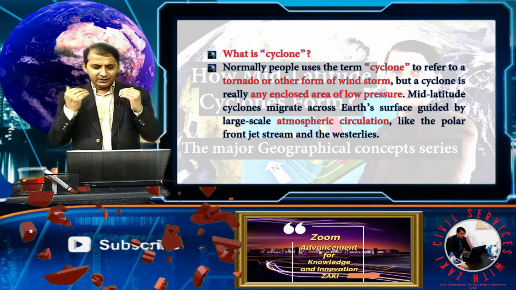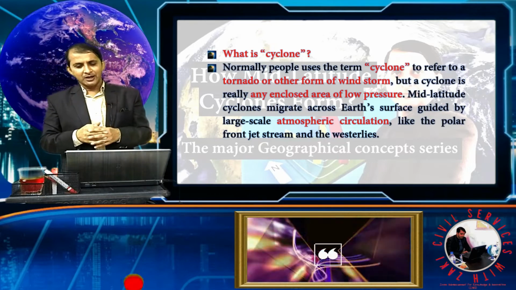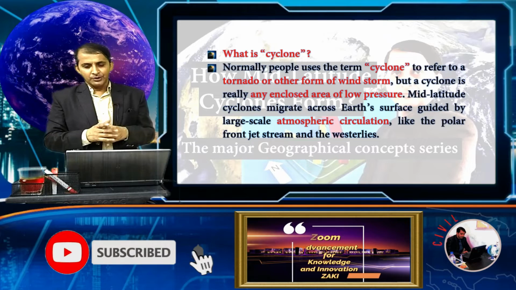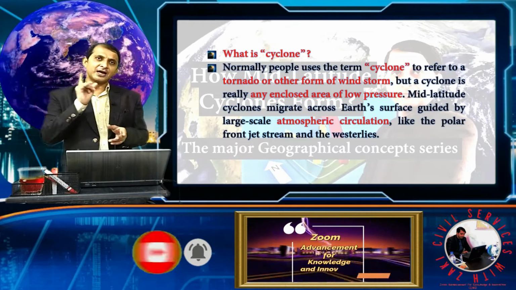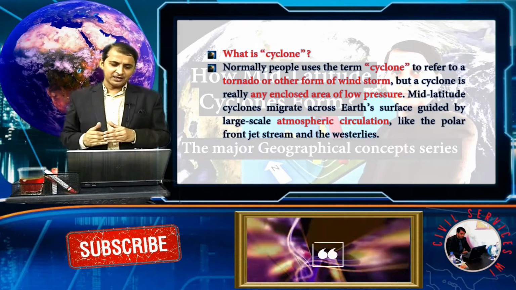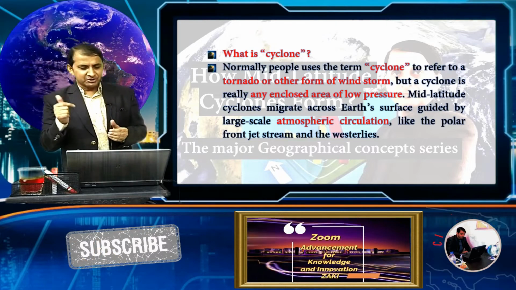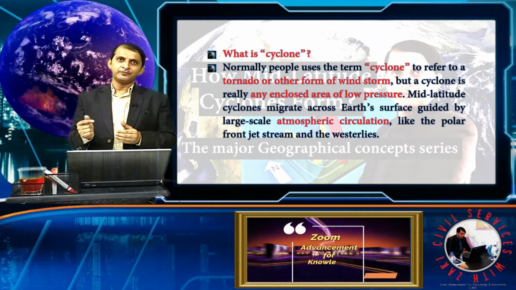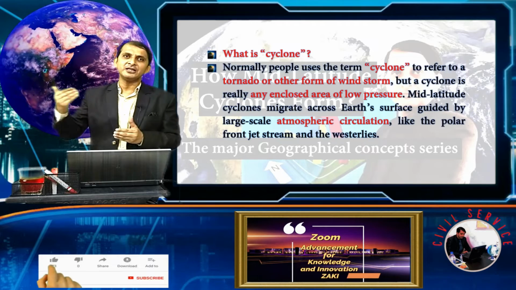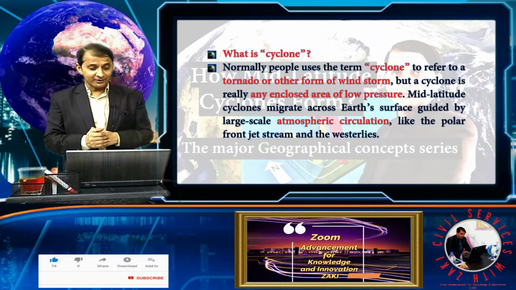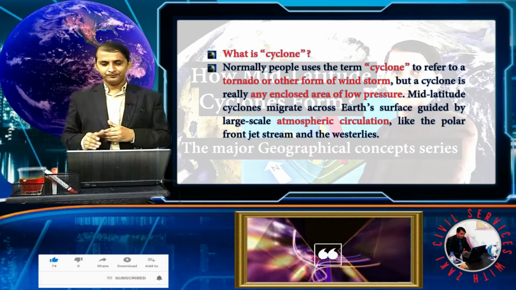Mid-latitude cyclones migrate across the earth's surface guided by large-scale atmospheric circulation like the polar front jet stream and the westerlies. These are the basic components which affect mid-latitude cyclones: the jet stream and the westerlies.